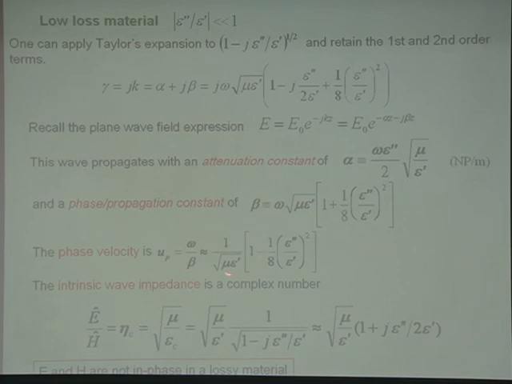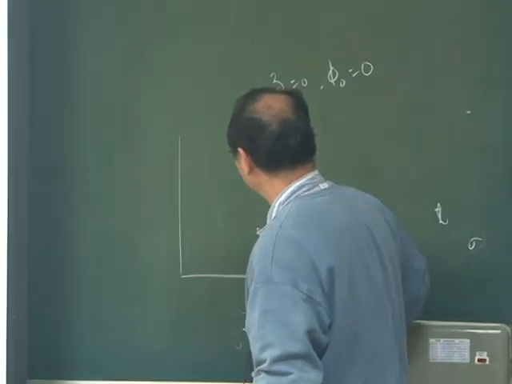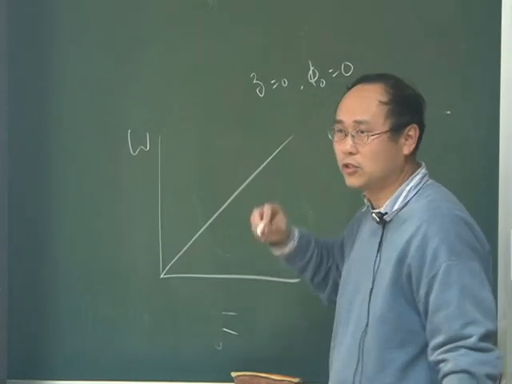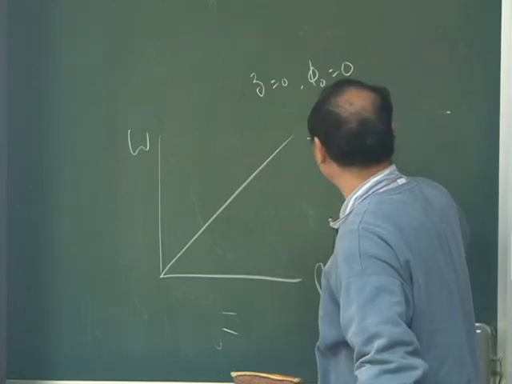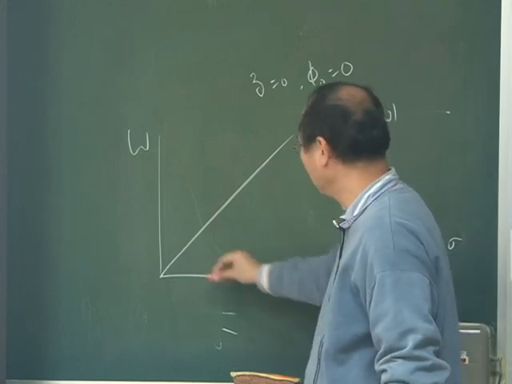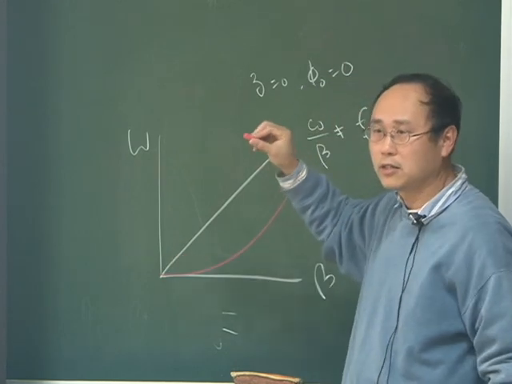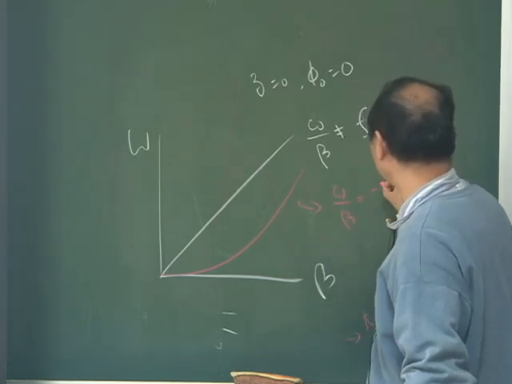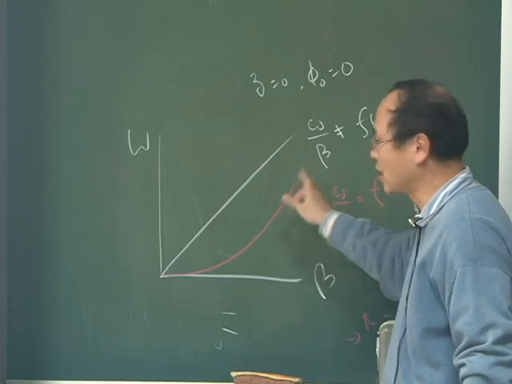Okay. 也就不同频率的这个讯号呢，它走的 phase velocity 是不一样的。So if I plot omega over beta, if you have a linear relationship, this omega over beta is not going to be a function of frequency. But in some cases, you could have this kind of nonlinear curve. For this case, omega over beta is a function of frequency because of this nonlinear behavior.